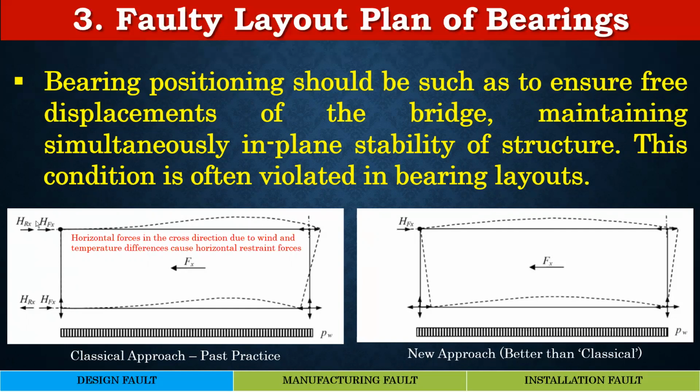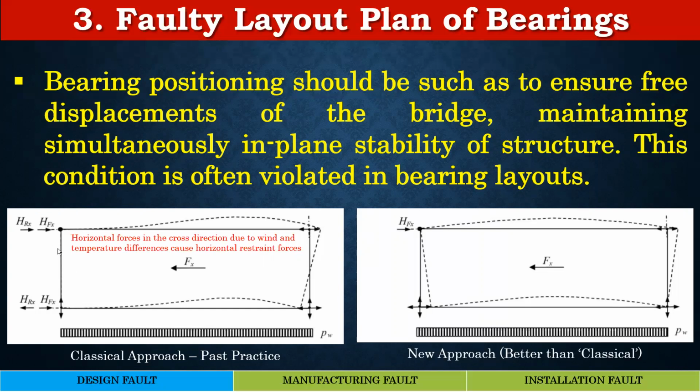Now, this is a very classical approach, but it suffers from some drawbacks. Number one, the sharing of lateral load between the two bearings is never uniform. As I mentioned earlier, the fixed bearing and the guided bearings have different tolerances, and therefore when the lateral load comes, the share is never equal.